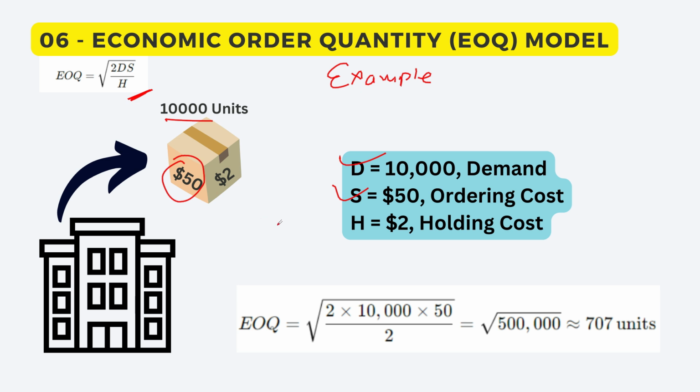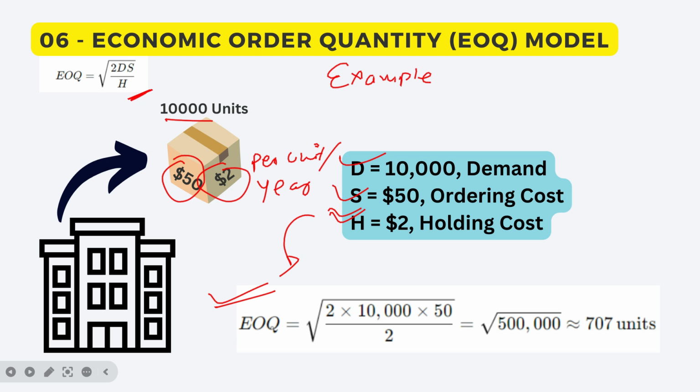And the holding cost per unit per year, this holding cost H is $2. So when we apply the EOQ model, when we put everything in the formula, we get under root 2 into 10,000, that is the demand, into $50, that is the ordering cost, divided by $2, that is the holding cost per unit per year.